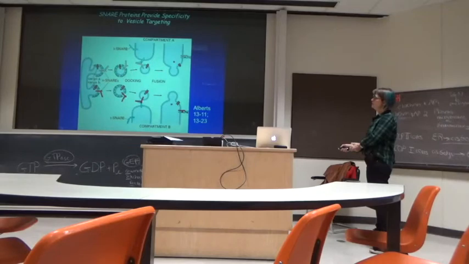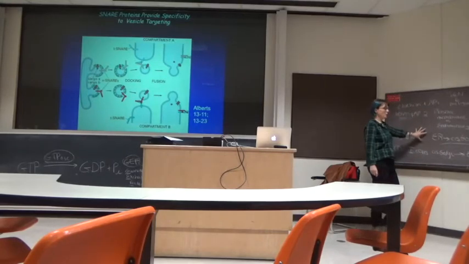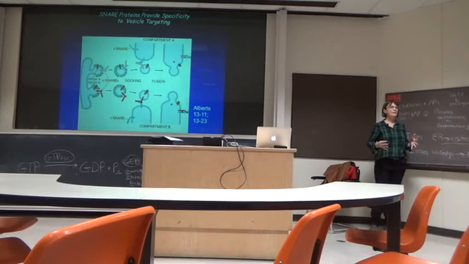And we see that the dark red V SNARE will fuse only with the darker blue T SNARE. And so this vesicle will fuse only with compartment B, whereas the light pink one will go only with its T SNARE. So each of the vesicles that are budding from the appropriate compartment carry their own V SNARE that will make them recognize the appropriate T SNARE, the appropriate target.